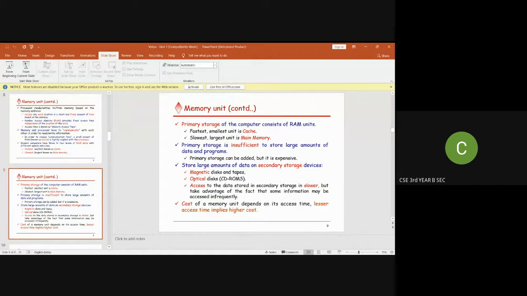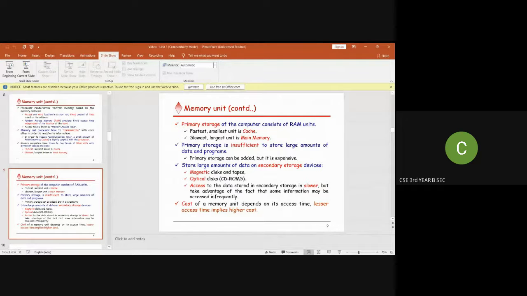So this primary memory consists of RAM units, and this RAM is divided into a small part called cache memory. The cache memory is the fastest but the smallest unit, but this main memory or primary memory is slower, though we can store a large amount of data, like our hard disk.